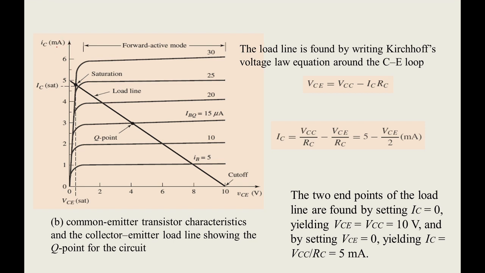The procedure is the same, but it is output current IC versus output voltage VC. You already know the ICQ, the VCQ and the IBQ. IBQ is the input current you apply, ICQ is the output current you get from the amplifier, and VCQ is the output voltage.